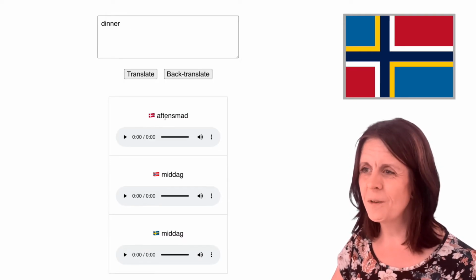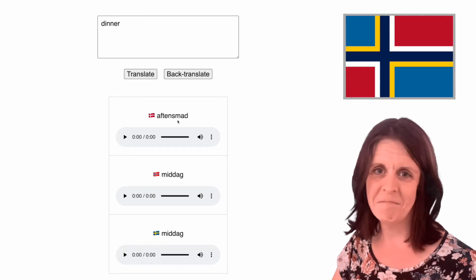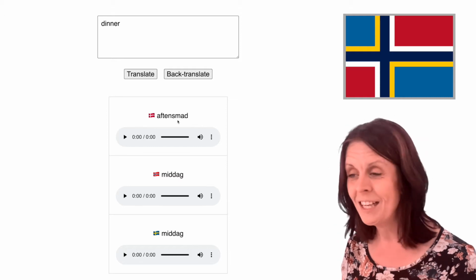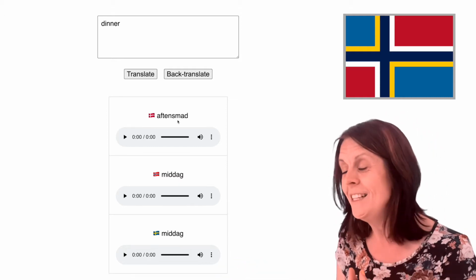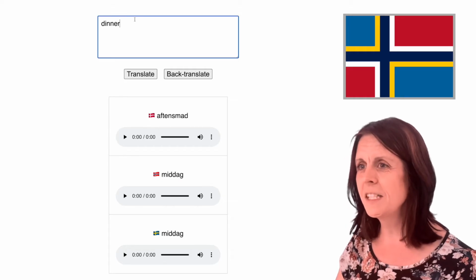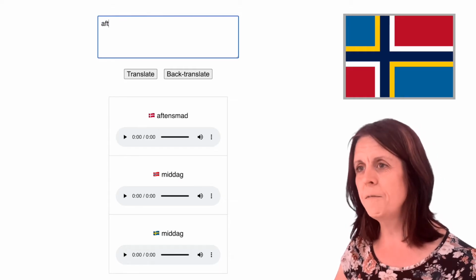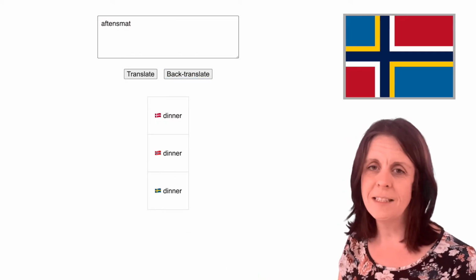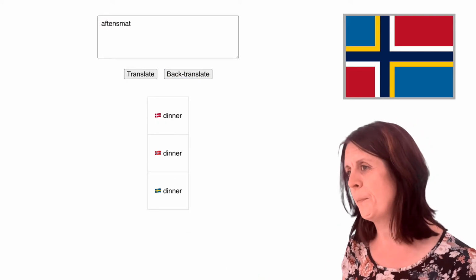Danish also understands middag to be evening dinner. It's confusing to me. Middag means midday. Why would that be evening meal? I don't know, but it is. But let's say aftens. Let's go with our other trick from before. Aftens mat. It means dinner. Okay, so we'll go with evening food.